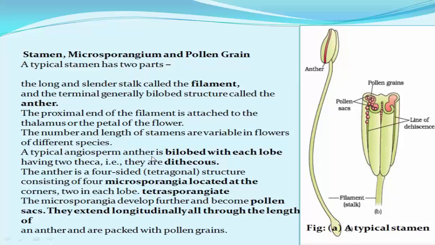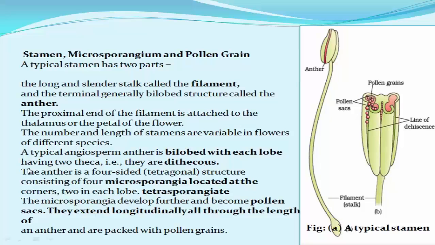In angiosperms, the typical anther is bilobed, with each lobe having 2 theca, and it is referred as dithecous. The typical angiosperm anther is bilobed. Each lobe is having 2 theca, and the term used for this explanation is dithecous.